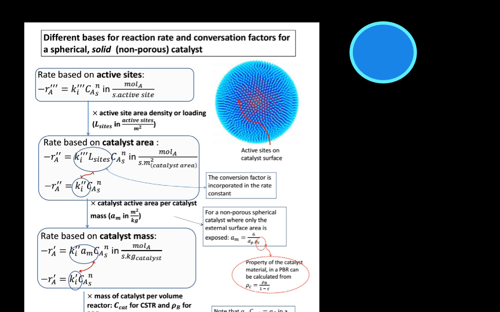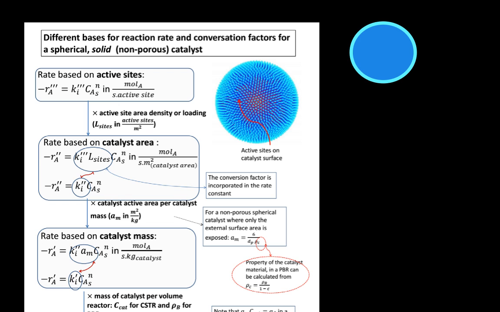So where does this fit in? What we must remember is that our true rate constant, and I use this intrinsic rate constant symbol to denote that we are talking about a rate constant that is free of any diffusion transport limitations, actually depends on the amount of active sites that I have on my catalyst surface.